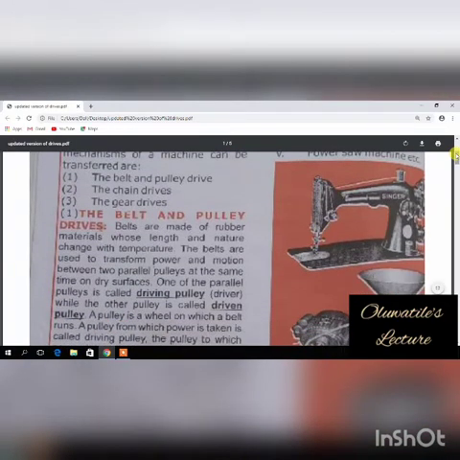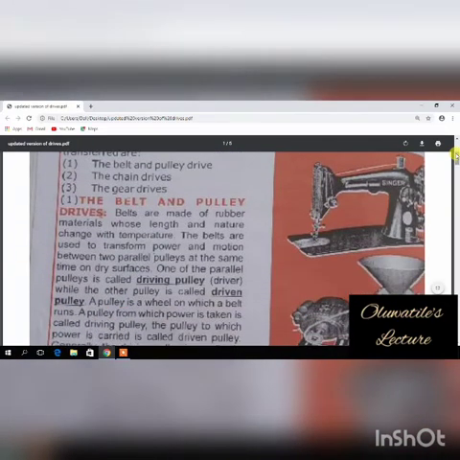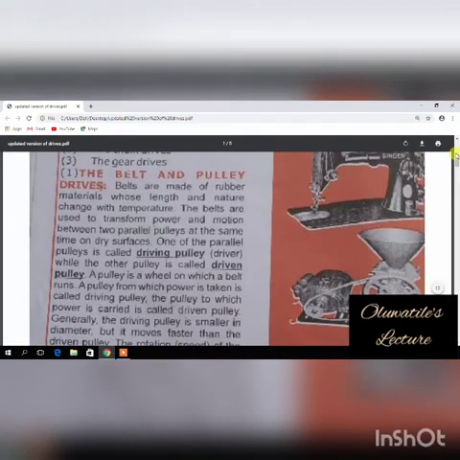If you look at this sewing machine, you will notice that there is always a belt connected to the machine and to the leg of the machine. If you see this grinding machine, at this point, this is the belt and also the pulley.